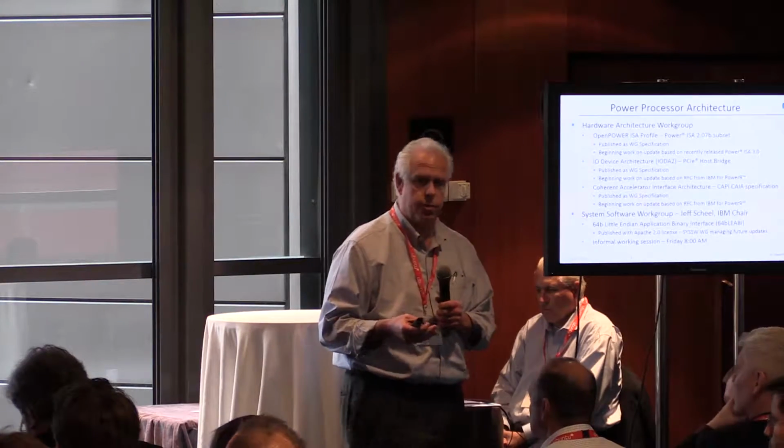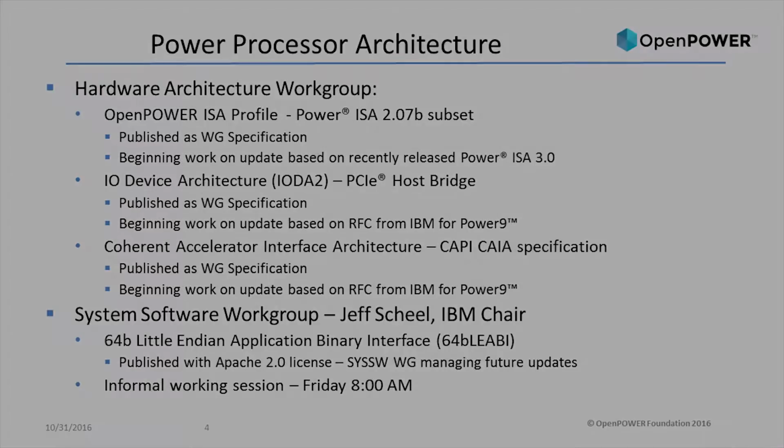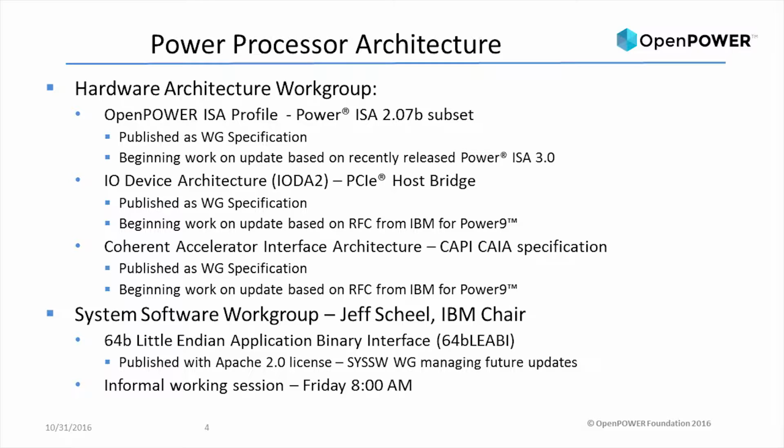Within the architecture part of things, we have a hardware architecture work group and a system software work group. And there's several specifications that are available, again, through the resource catalog. The first one is an ISA profile that talks about specific parts of the Power ISA 2.07 subset that's important for OpenPOWER. Boring, right?